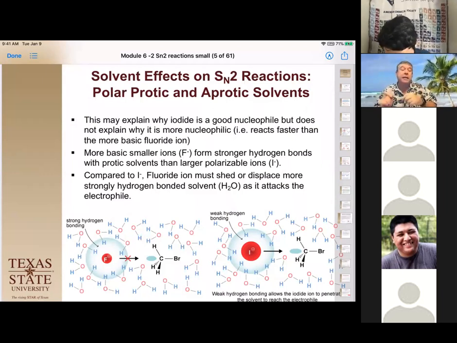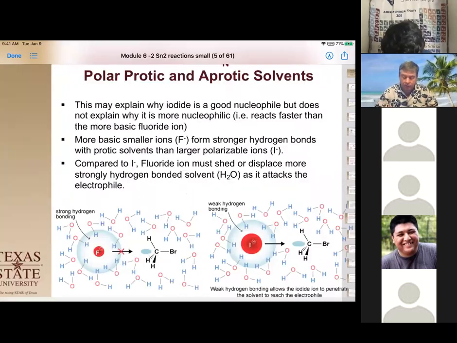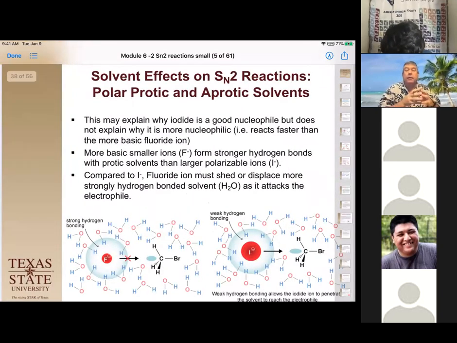However, in the case of iodine, this is big and fluffy and polarizable and further away from the nucleus. Therefore, these hydrogen bonds are weaker, okay? So because these hydrogen bonds are weaker, that's going to make it easier to have that ion leave those weak hydrogen bonds and act as a nucleophile, okay?